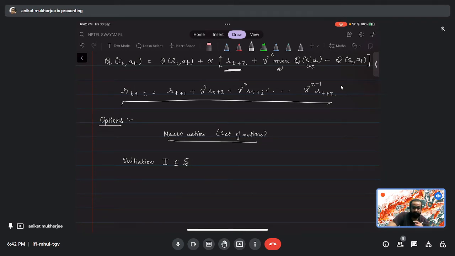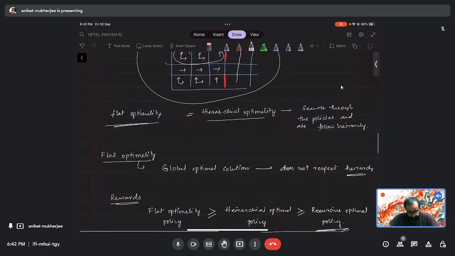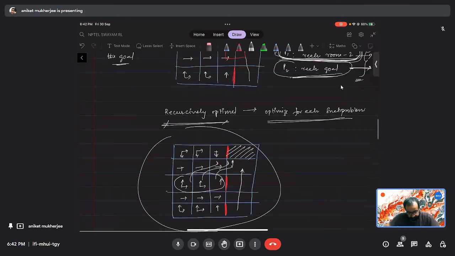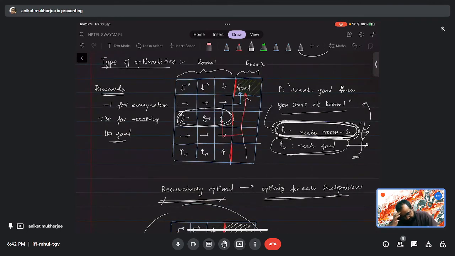If you are in one state, the number of actions you take is very reduced, as seen in this problem when you're finding the optimal policy for hierarchical RL. So if you are in this state, just one action and you are done.